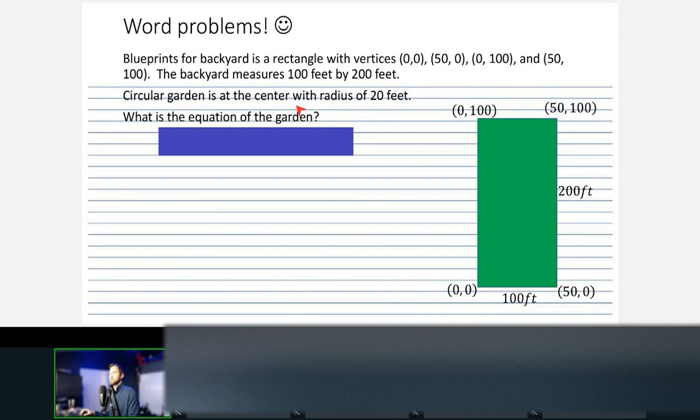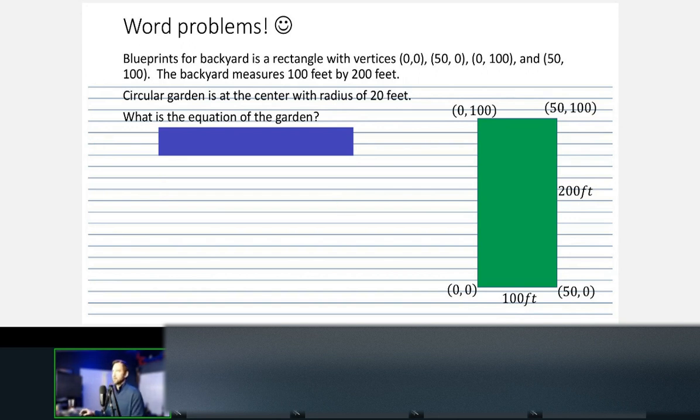If you notice, 0 to 50 comma 0, this is 50 units. However, the distance is 100 feet. So what does that tell you? How many feet per unit? Yeah, so 1 unit is equal to 2 feet.